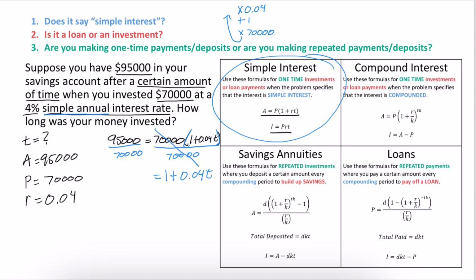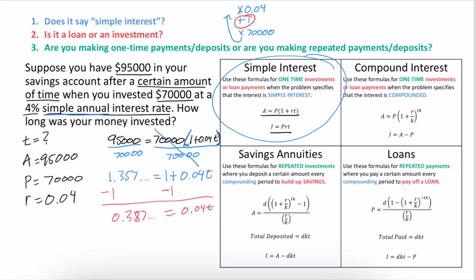And this is equal to, if I do 95,000 divided by 70,000 in my calculator, I get 1.3714, etc. So I'm just going to write out part of that decimal, but I would recommend you keep the whole decimal. And then to undo the next step, so now I'm undoing this plus 1, I'm going to subtract 1 from both sides, which gives me 0.3714 or 357, etc. equals 0.04t.